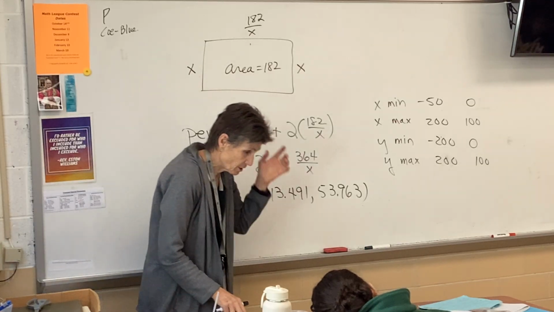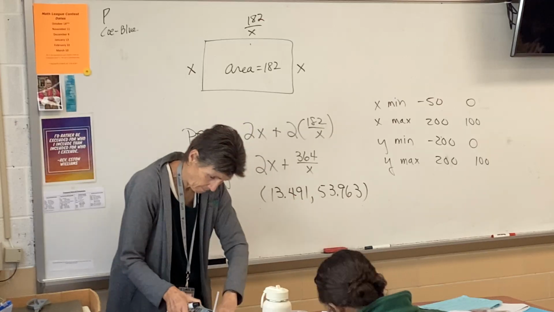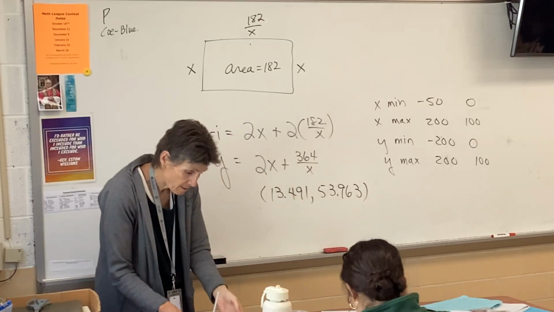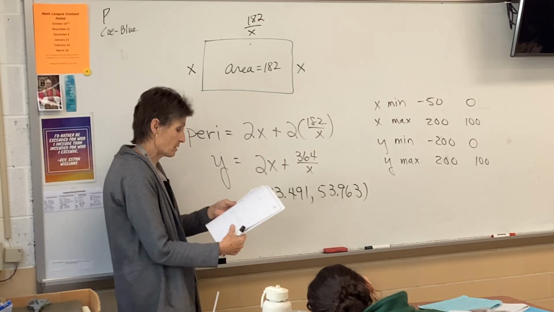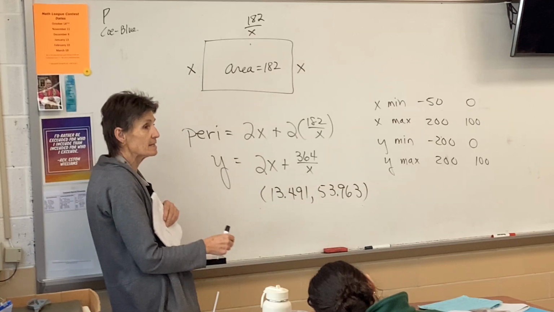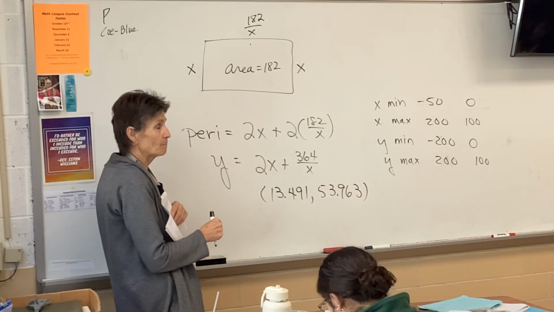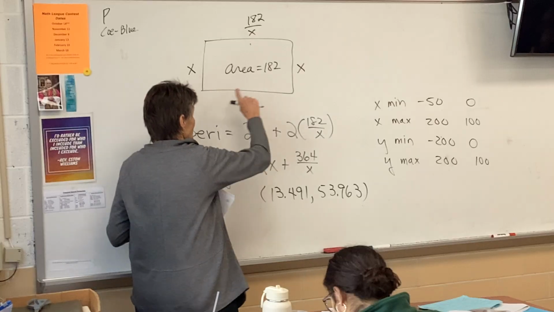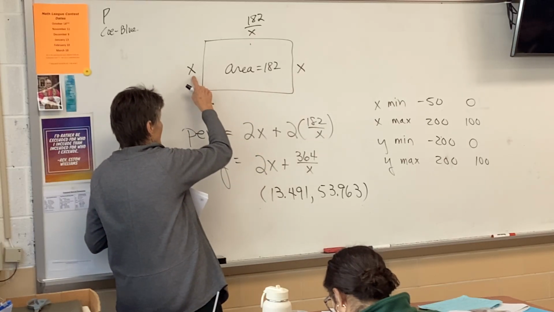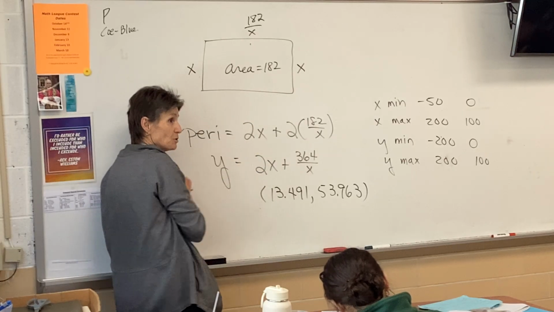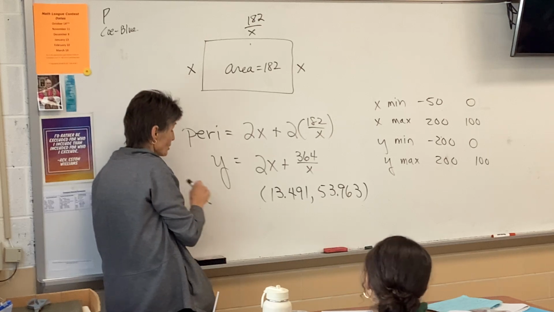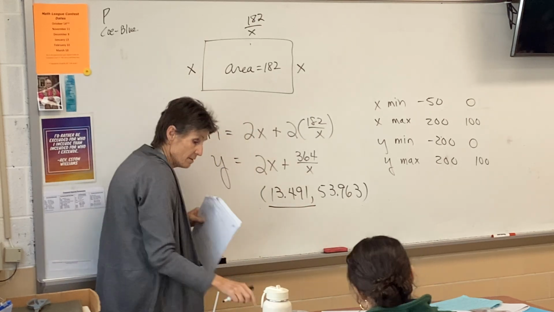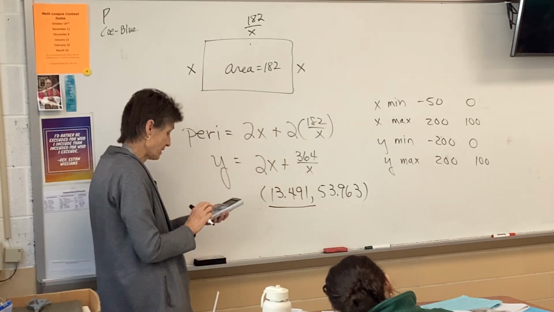And the question was, find the dimensions of the rectangle that has the least perimeter. So what are the dimensions of this thing? X and 182 over X? So here's X, and then I need to do 182 divided by that.